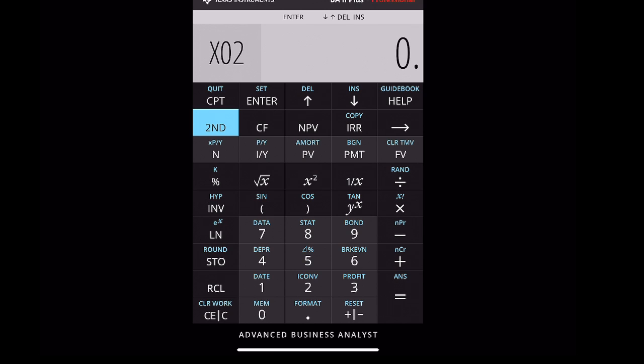Next observation, the second observation, 56, enter, down. 63, enter, down. 59, enter, down. 70, enter, down. Fourth observation, 64, enter, down. 72, enter, down. One more. 74, enter, down. And 84, enter, down. There you go. I have all the observations, all the data. Anybody need me to do it again?